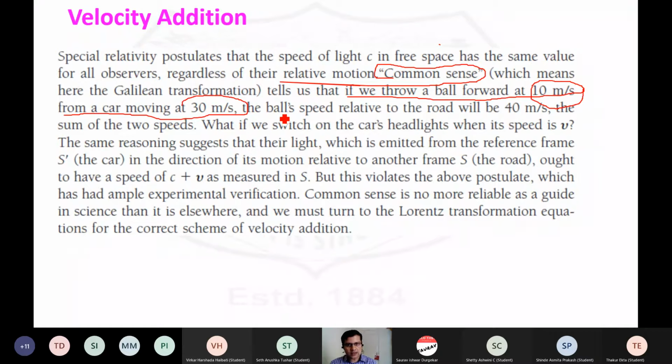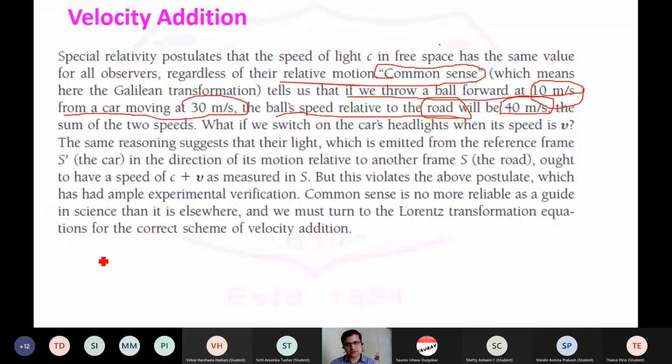The ball speed relative to the road, that means you are the observer on the road, is simply 10 plus 30, that's 40 meters per second.